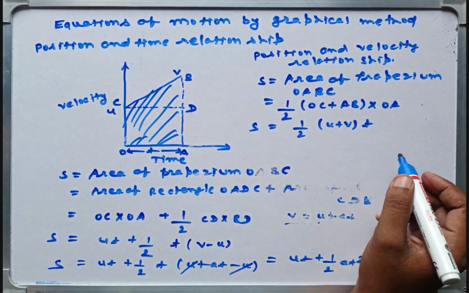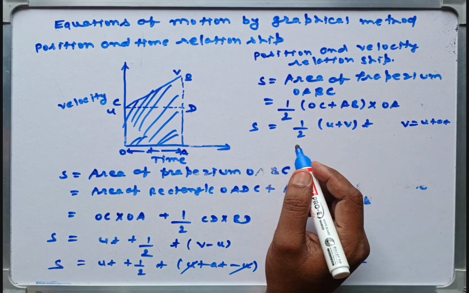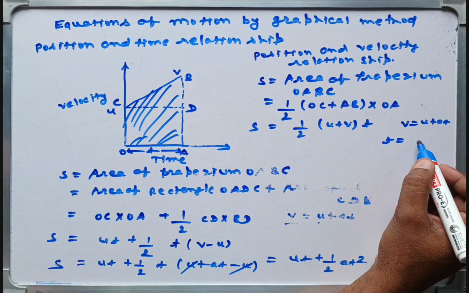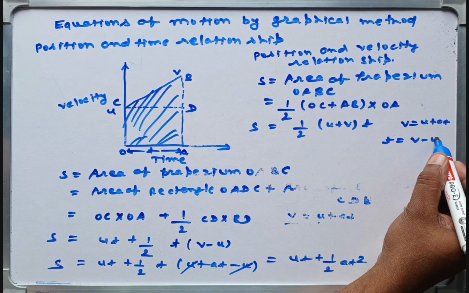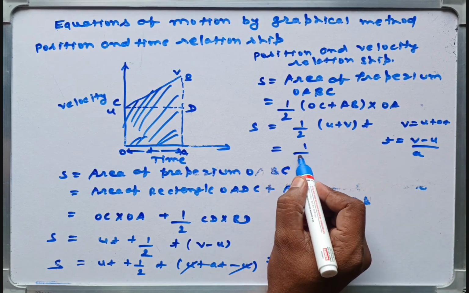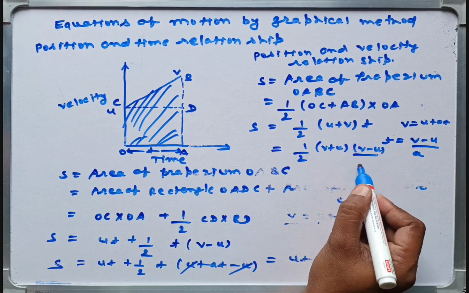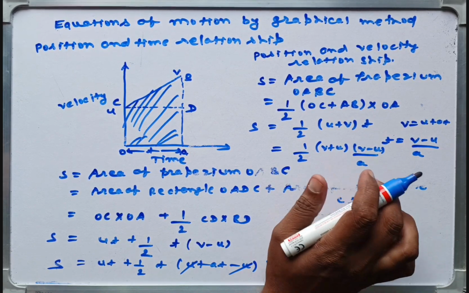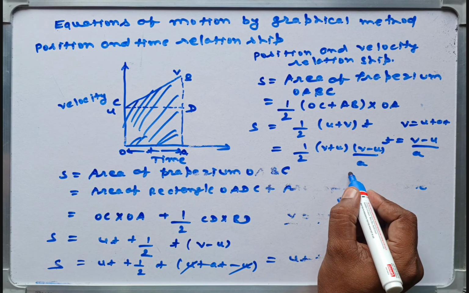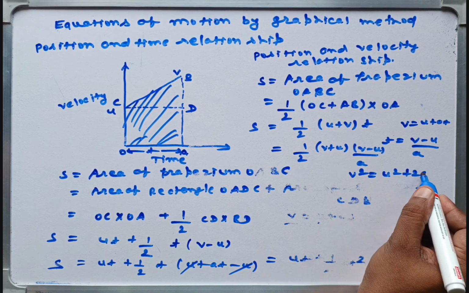Now, as you know, v equals u plus at, so we can write t equals v minus u by a. Further you can write 1 by 2 into v plus u into v minus u by a. If you simplify this, it becomes v square equals u square plus 2as.